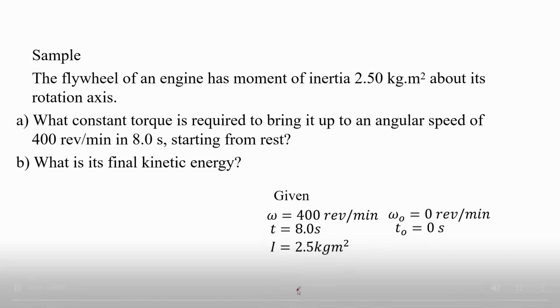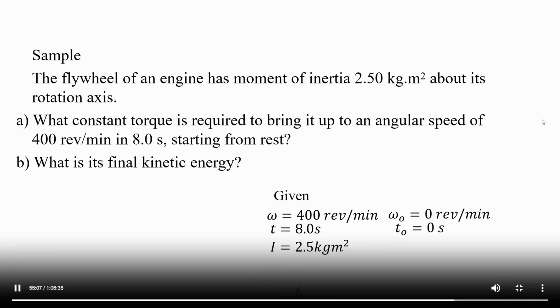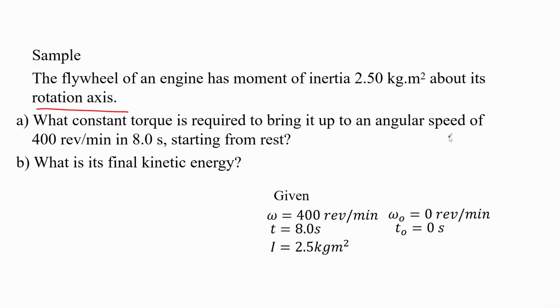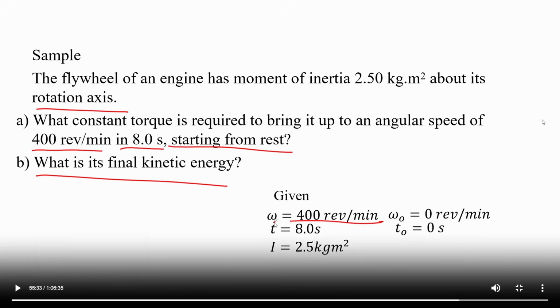You have a flywheel of an engine with a moment of inertia of 2.5 kilogram meter squared about its rotation axis. What constant torque is required to bring it up to an angular speed of 400 rev per minute in 8 seconds starting from rest? And letter B, what is its final kinetic energy? So the given is an angular velocity of 400 revs per minute.